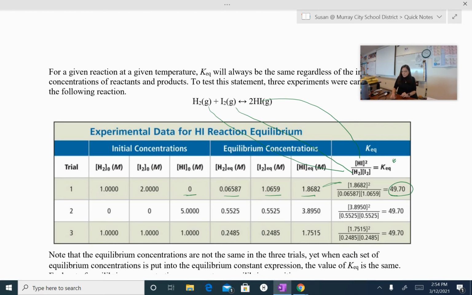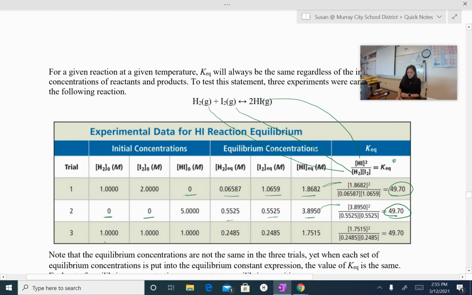So let's look at experiment 2. We start off this time with 0 hydrogen and iodine, just hydrogen iodide. So it's going to decompose into hydrogen and iodine. We let it get to our equilibrium and we plug in the values. Mathematically, we still come up with the same constant.